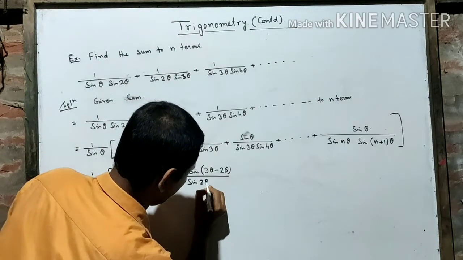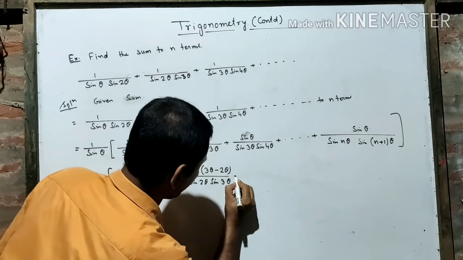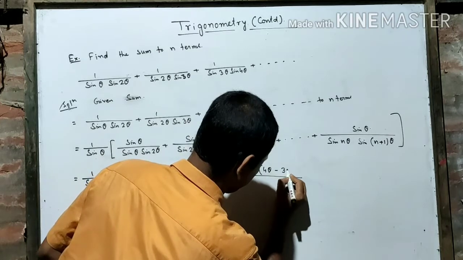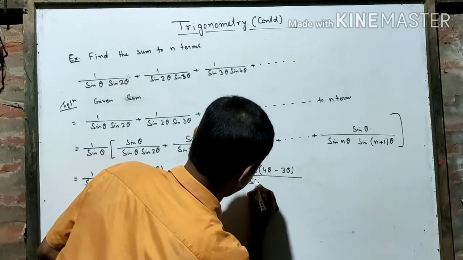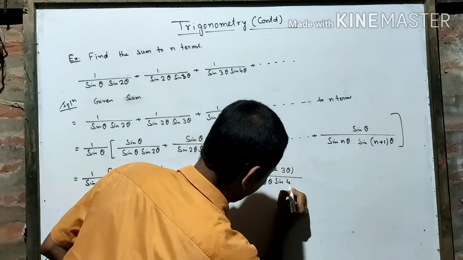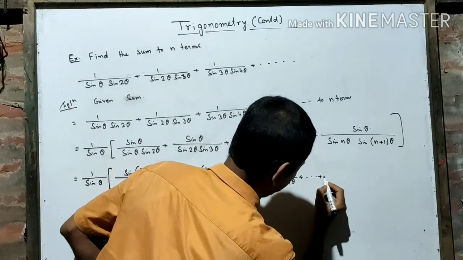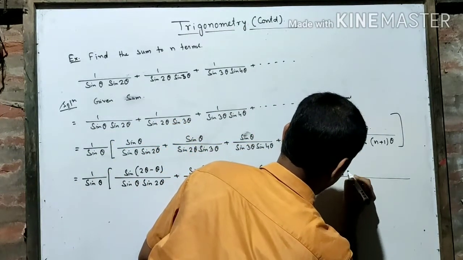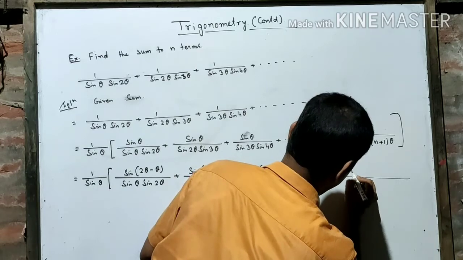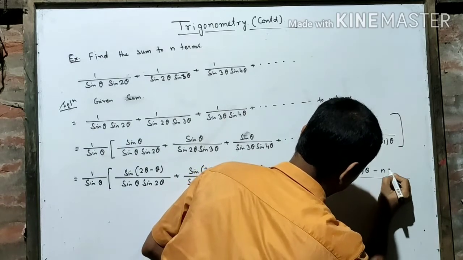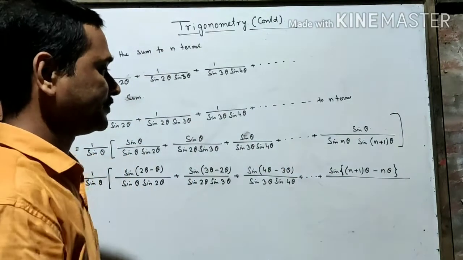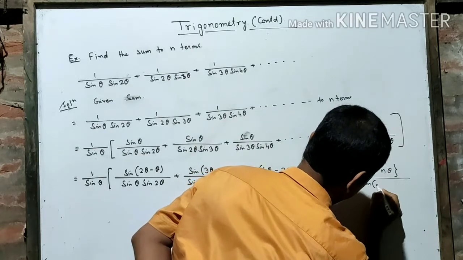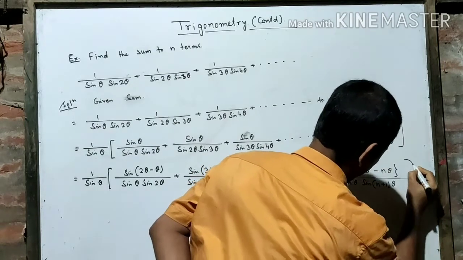So over sine 2 theta sine 3 theta, plus here it is sine of 4 theta minus 3 theta divided by sine 3 theta into sine 4 theta, plus, and here the last term, sine of n plus 1 into theta minus n theta, divided by sine n theta into sine n plus 1 theta.